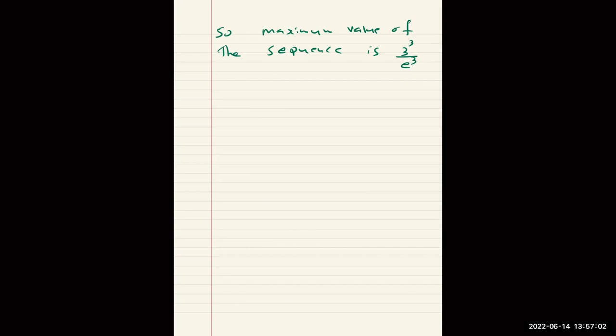That means all the terms of your sequence are less than or equal to this number: a_k is less than or equal to 3 cubed over e cubed for all k.